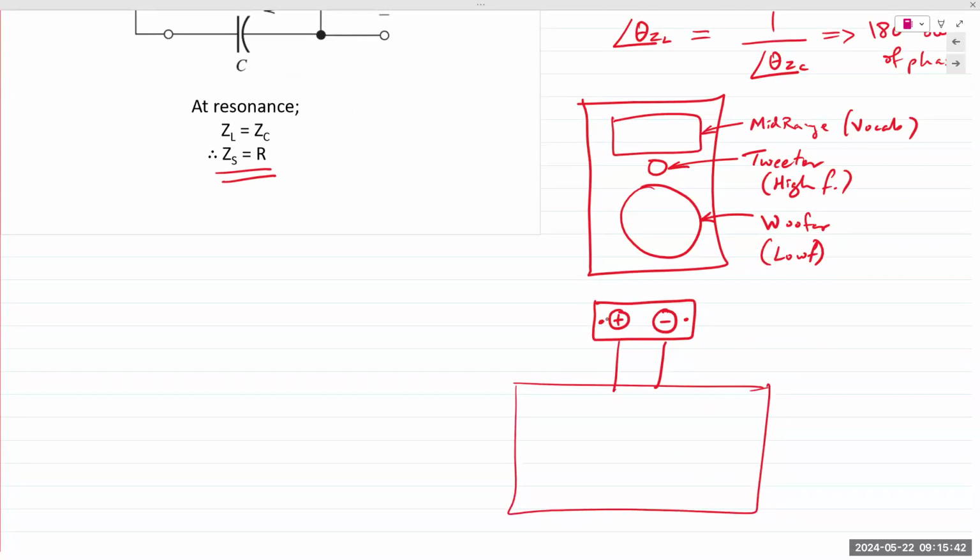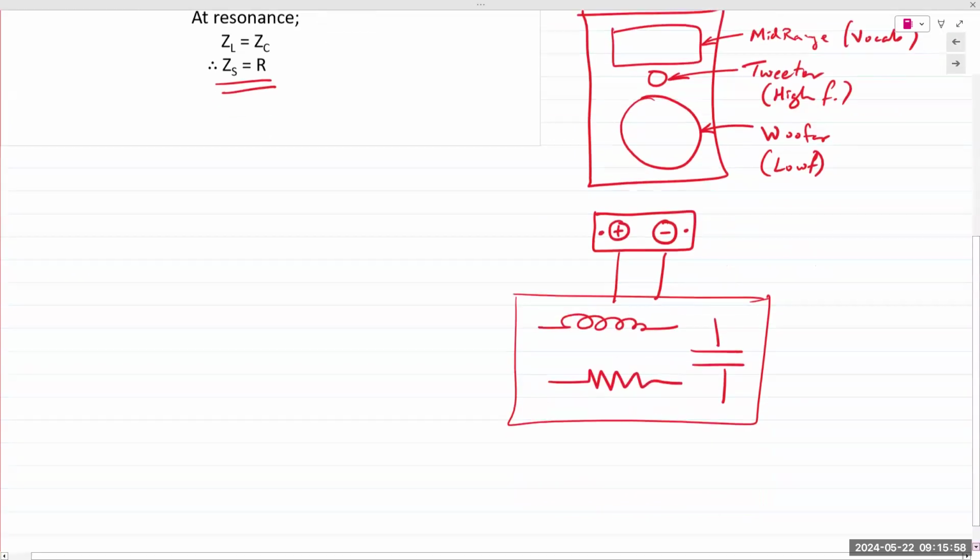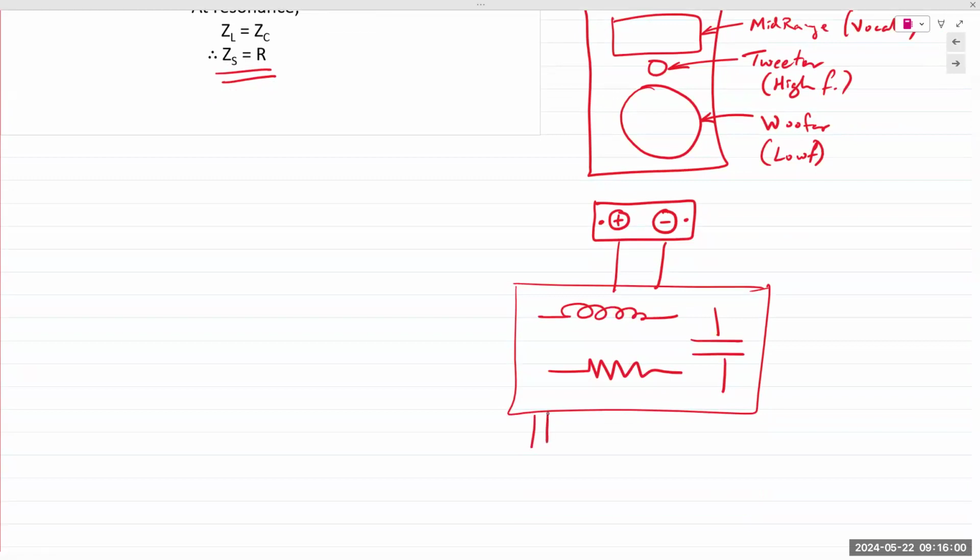That circuit would have a heavy inductive coil, might have a few large capacitors, and a few resistors. This network will actually split the incoming signal into 3 individual outputs.